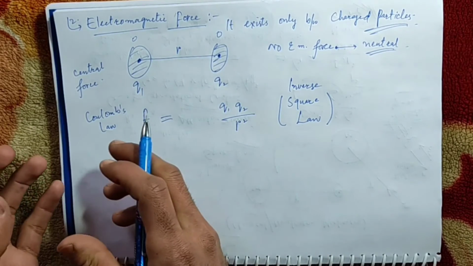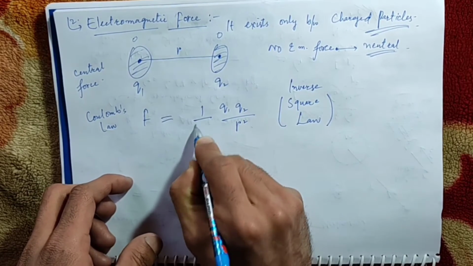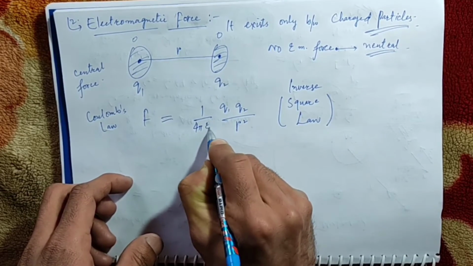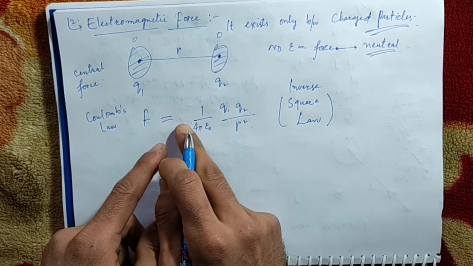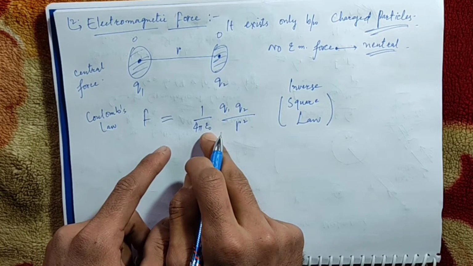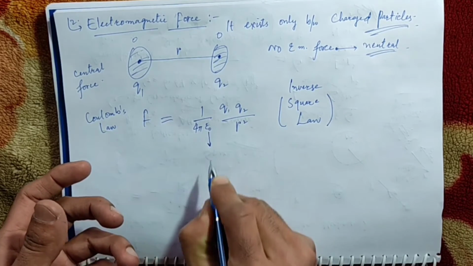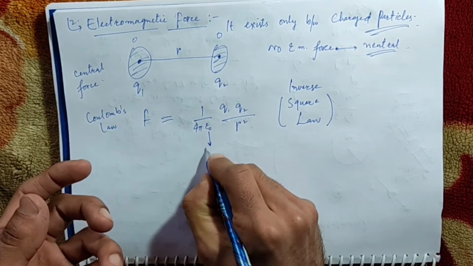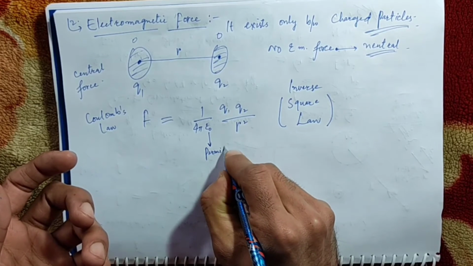And there is a constant, like the constant G in gravitational force. Here the constant is 1 divided by 4 pi epsilon naught. This epsilon is called the electric constant, or the permittivity, or vacuum permittivity.